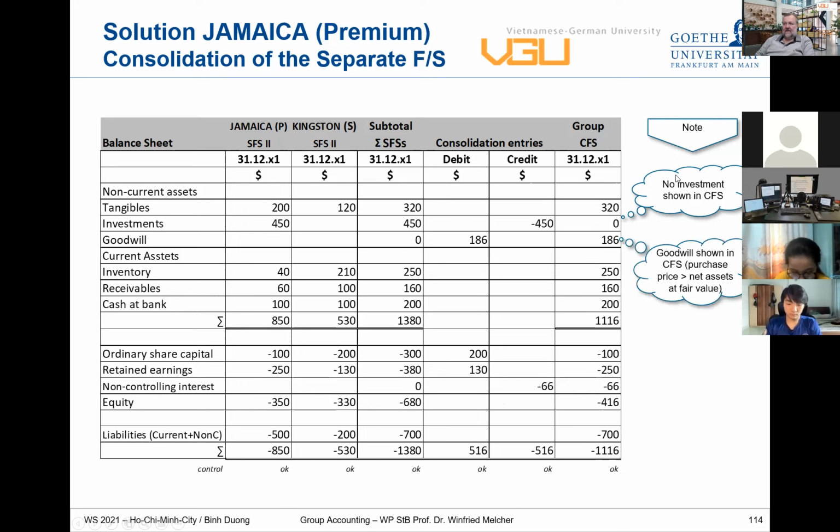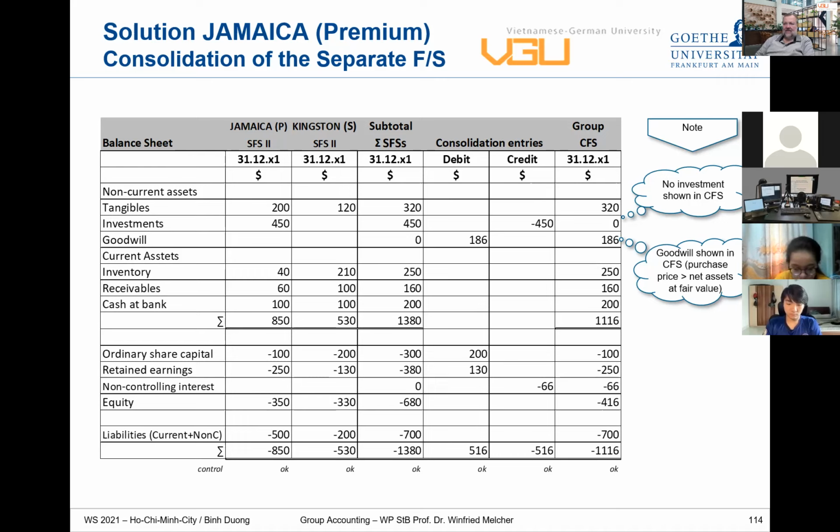So in the end, there is no investment shown in the CFS because the investment is an asset that relates to the single financial statement of the parent. It is not a group asset, therefore we have eliminated the investment.